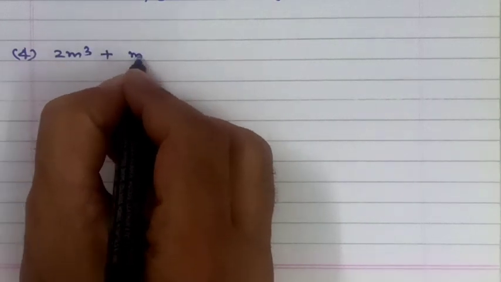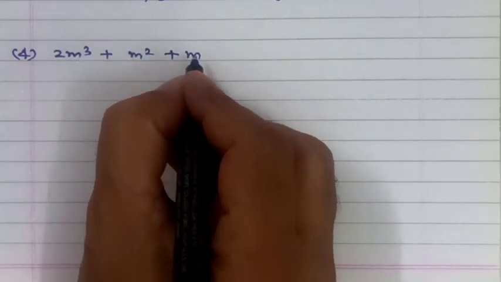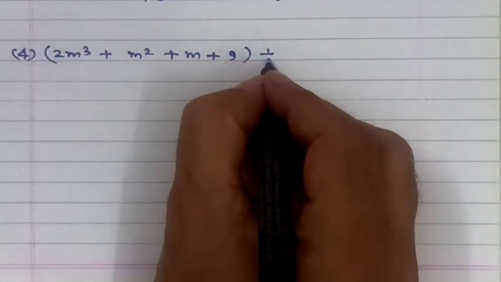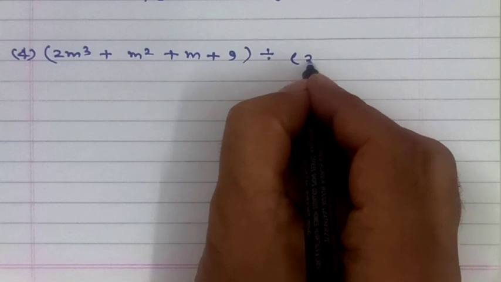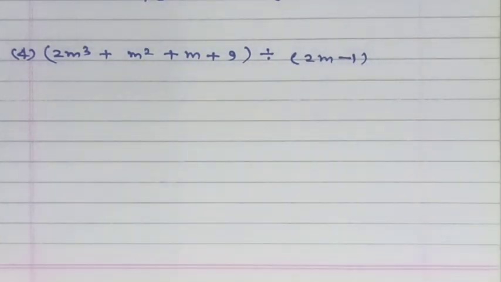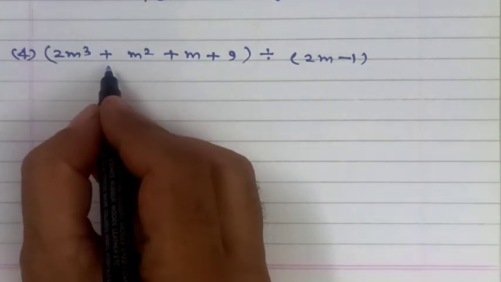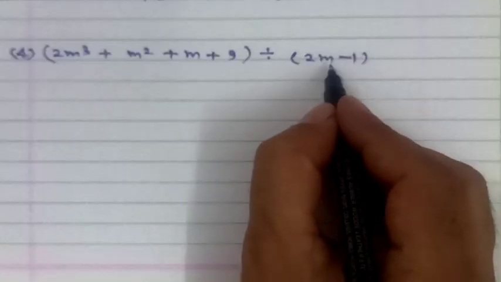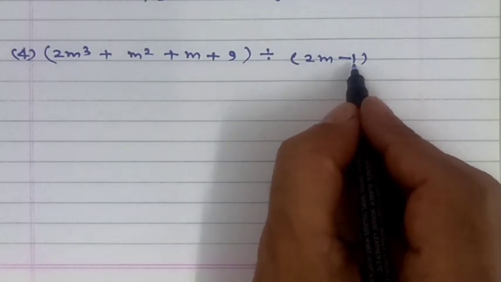Question number 4. 2m cube plus m square plus m plus 9 divided by 2m minus 1. Here your dividend is 2m cube plus m square plus m plus 9 and divisor is 2m minus 1.